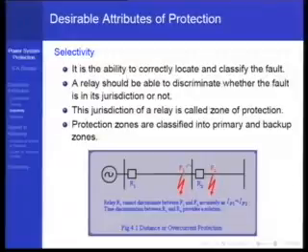So selectivity: if our relay was very selective, then it would automatically tend to become more secure because it won't maloperate. When it maloperates, it's usually in this region, the border or boundary region. This is where the problem of security will come in. The fault is just beyond the boundary region and the relay will pick up, so it's a maloperation.